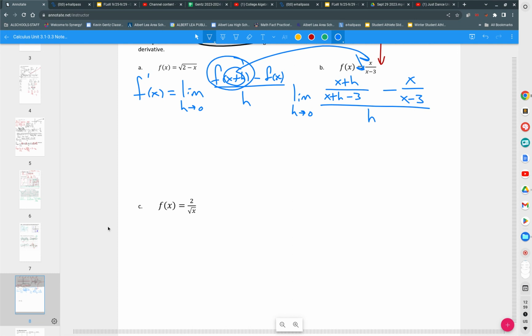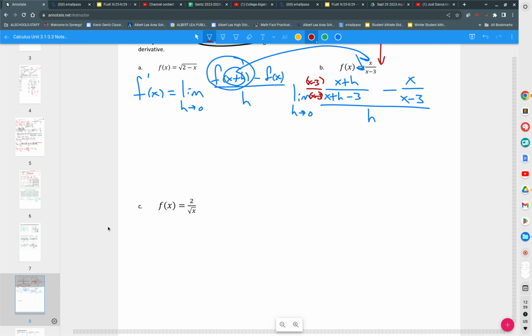Okay, so this example teaches us to work with a complex fraction. You see that you have here two fractions in the numerator. So how will I combine those together? I will create common denominators. So you multiply this side by x minus 3 over x minus 3.